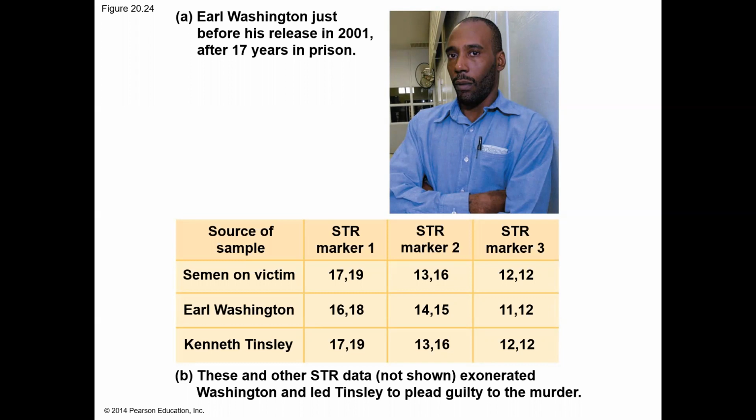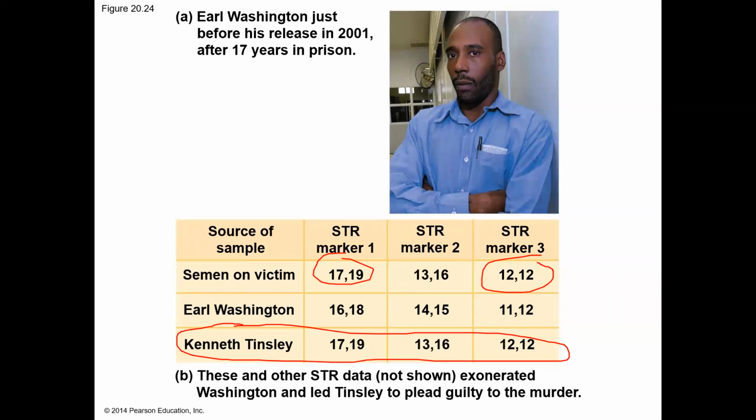I believe the source for this was a story on NPR a few years ago, but he was released in 2001 after 17 years in prison because finally his DNA was checked against the victim he had allegedly murdered. And it turned out that he was not the person who murdered the victim. It ended up being this person, Kenneth Tinsley, because the STRs matched semen found on the victim.